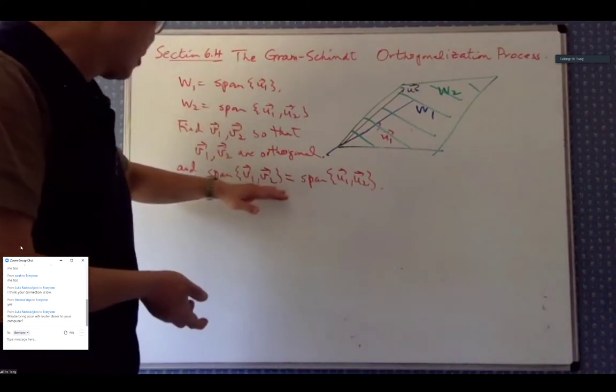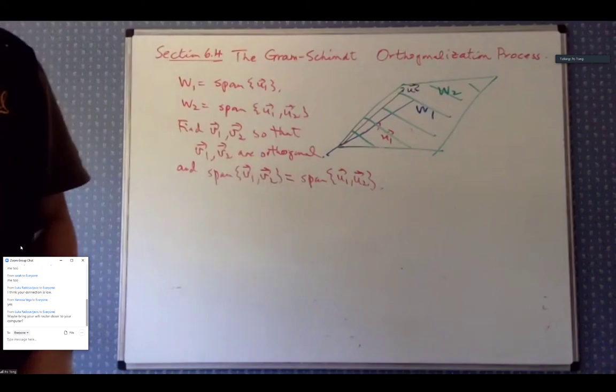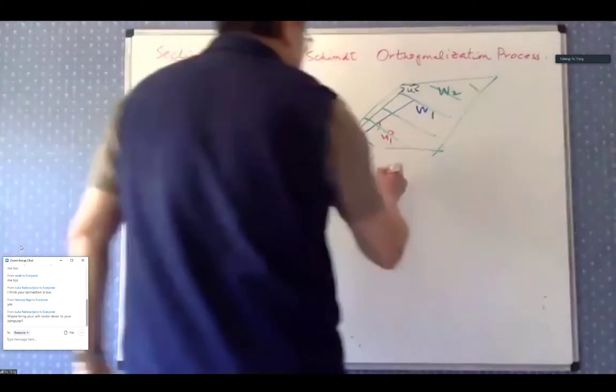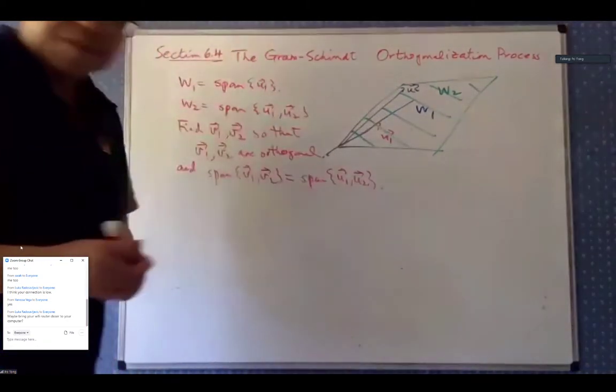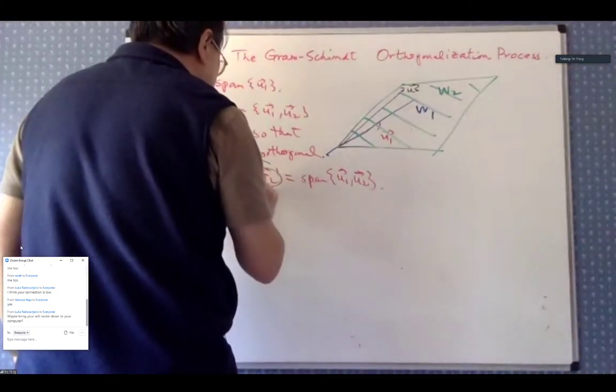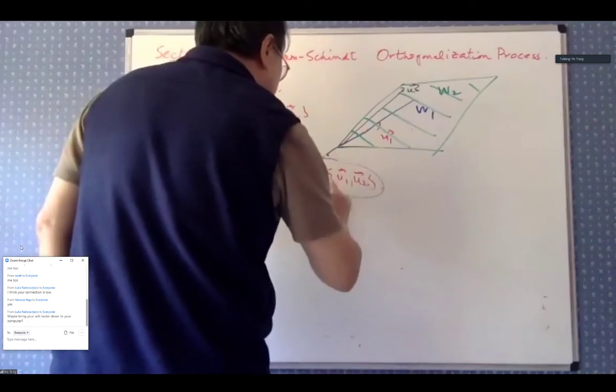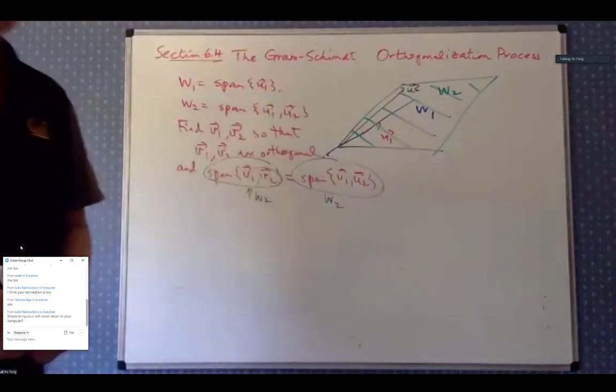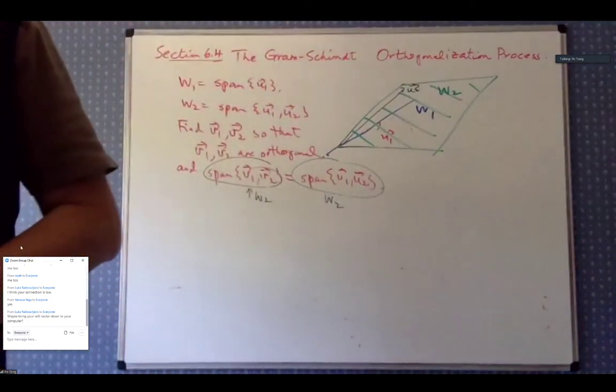So they span the same thing. Both of these span W2. This is W2, and this is W2. Do you understand what we are trying to do here?